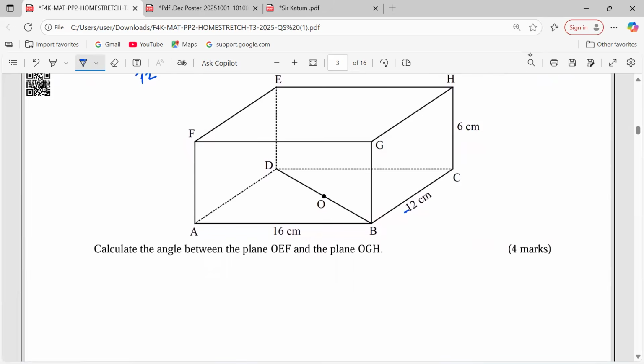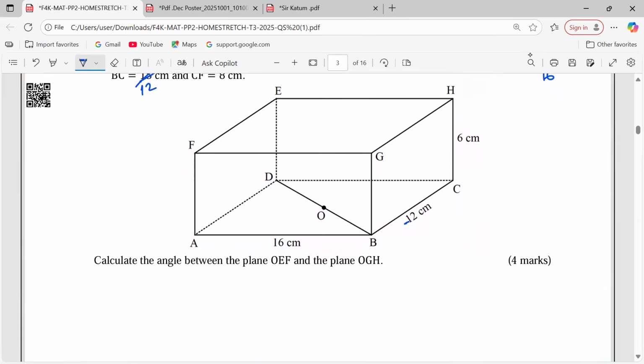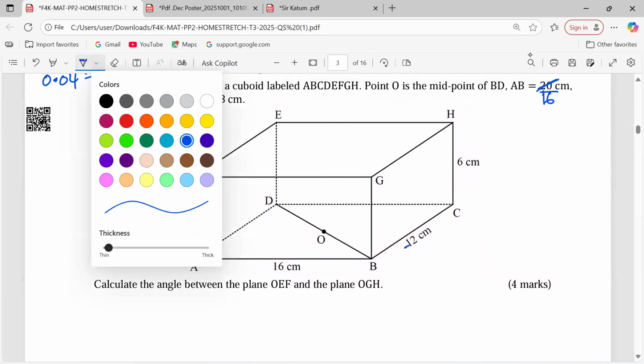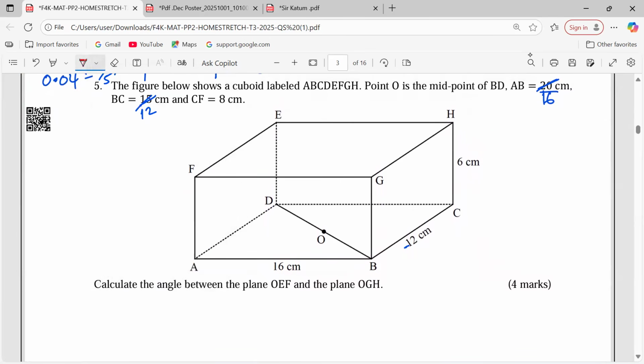We are told to calculate the angle between the planes OEF and OGH. Let me first use my pen here to show you the diagrams. The planes that we are finding the angle between are these ones.